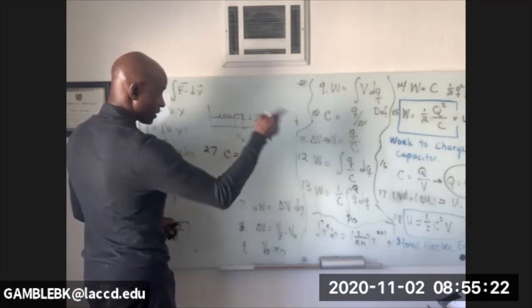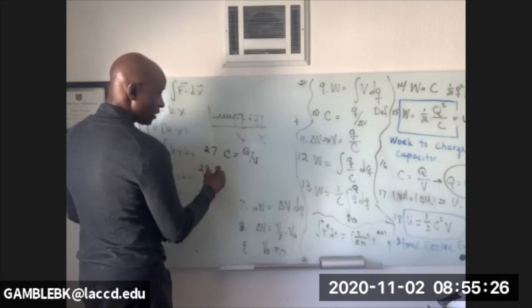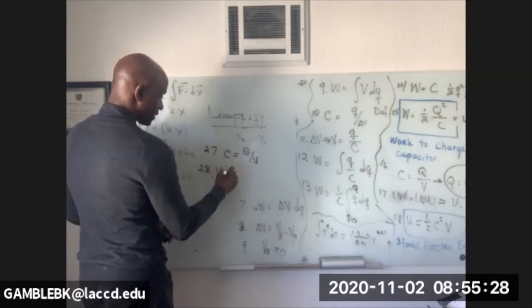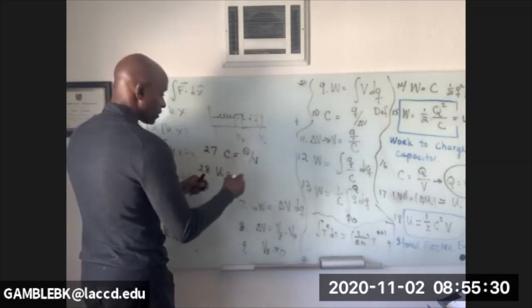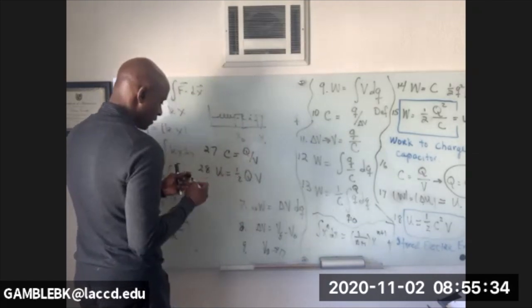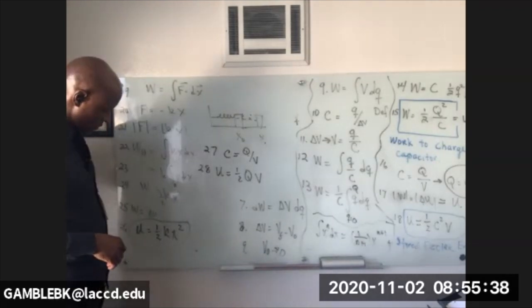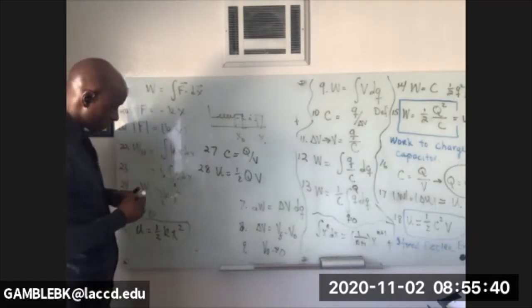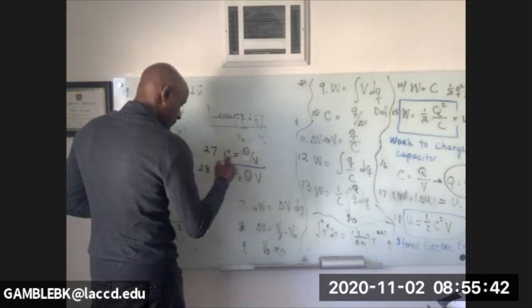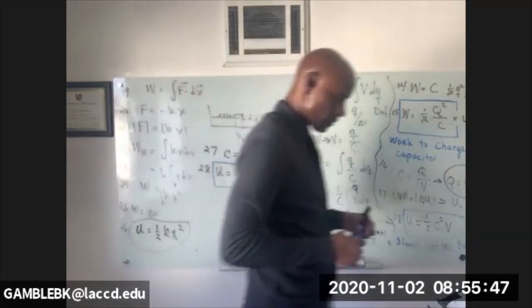So if I take that and put it into 15, then I get the final version, which is that the potential energy is equal to 1/2 Q times V. So that's another way to think about this. So all three versions of these are valid versions.